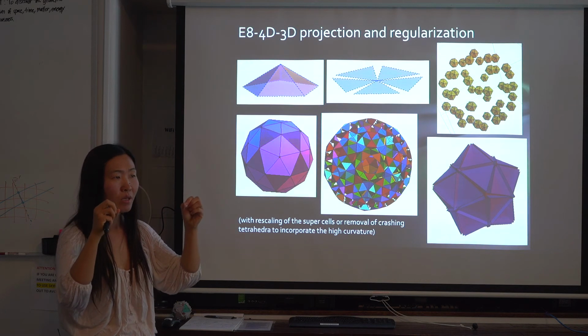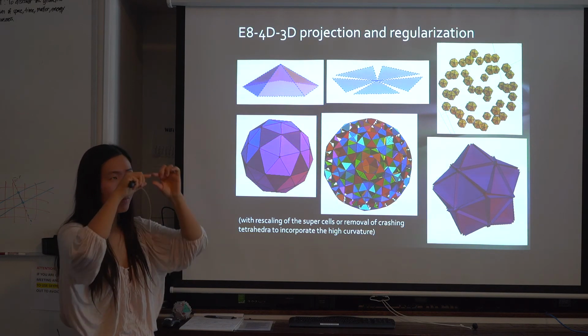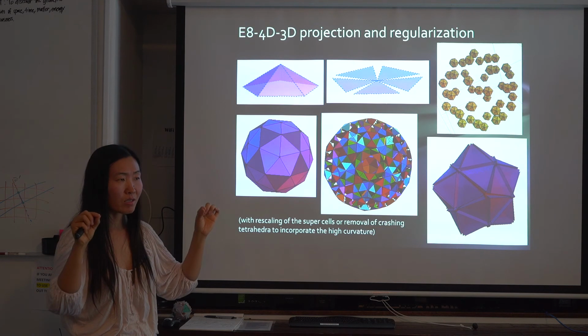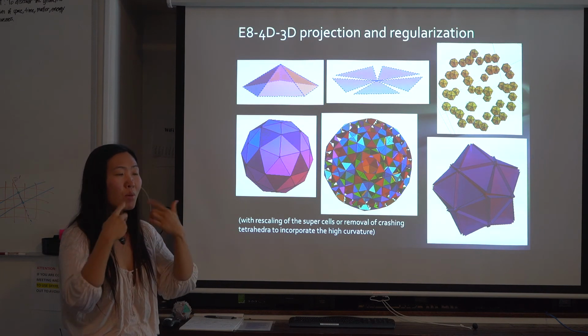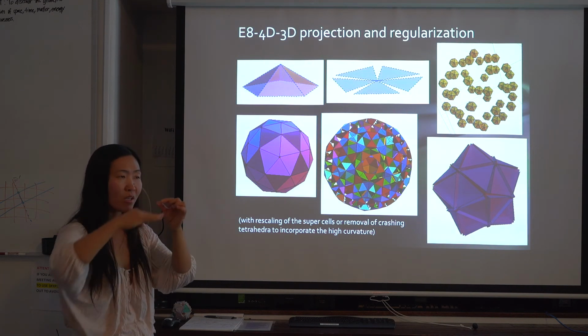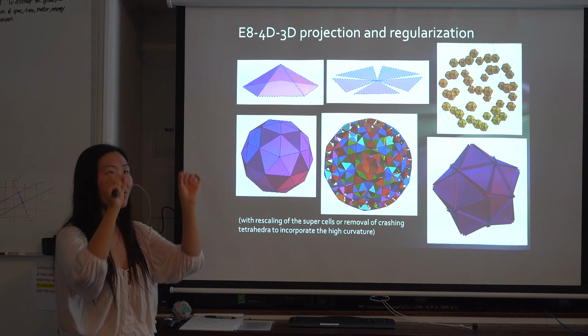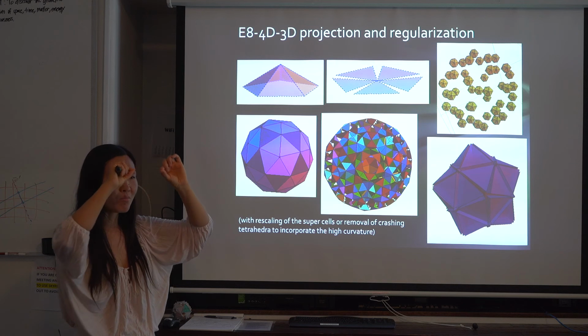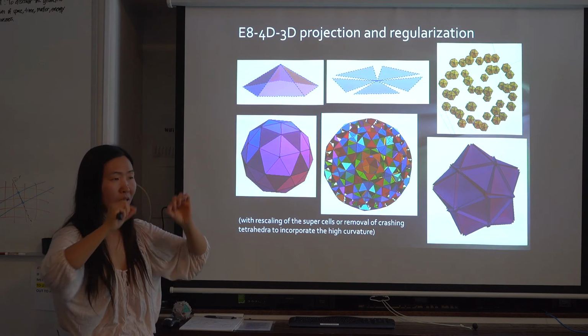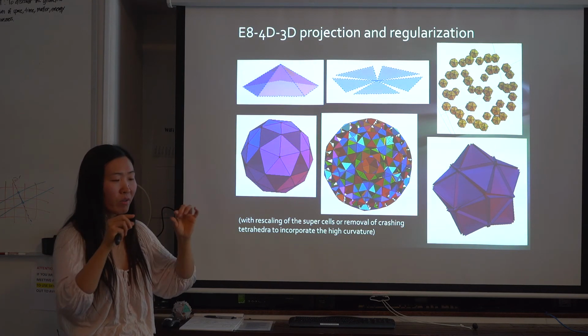What's the best way? I feel like going from the curved 3D to Euclidean space is much easier than projecting them, distorting them, and trying to regularize them. So just make all the tetrahedrons stay regular and then move them to Euclidean space. That's my motivation.